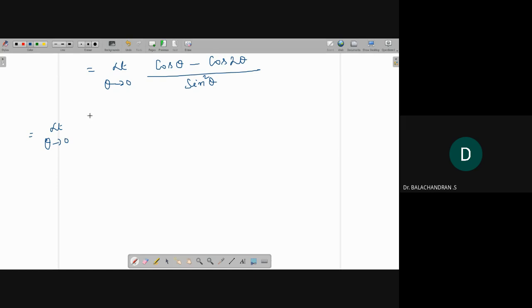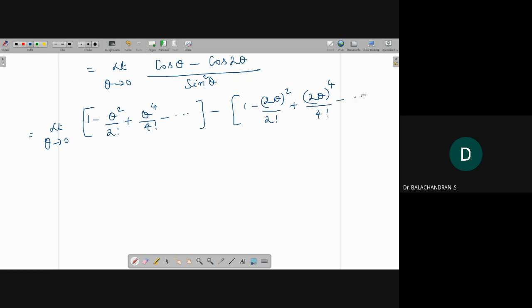So the numerator will have: 1 minus theta square by 2 factorial plus theta power 4 by 4 factorial minus and so on. This is for cos theta. And then cos 2 theta: 1 minus (2 theta) whole square by 2 factorial plus (2 theta) whole power 4 divided by 4 factorial minus and so on.